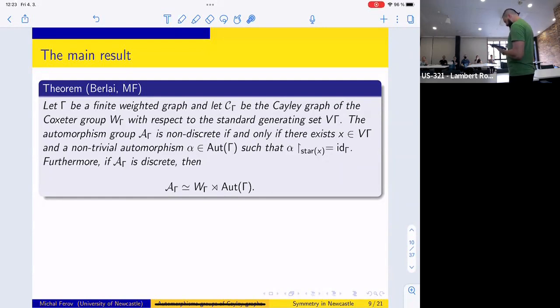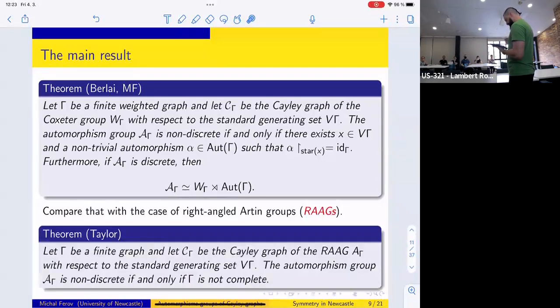And just to emphasize the subtlety, there are other groups that you can define by certain diagrams, and one of those is right-angled Artin groups. That was done by Tom Taylor, who was a master's student here at Newcastle. He showed that in the case of right-angled Artin groups, the group is discrete if and only if the graph is a complete graph.